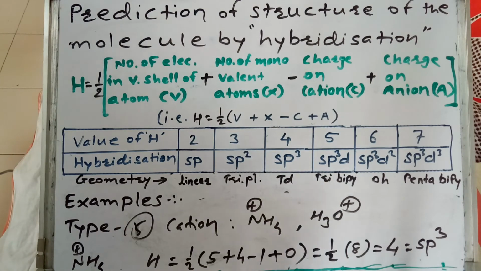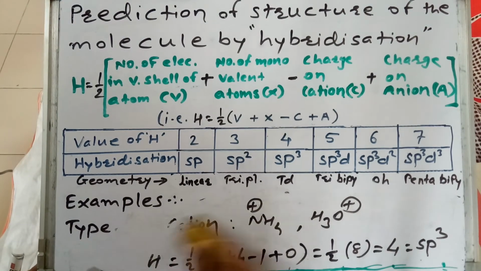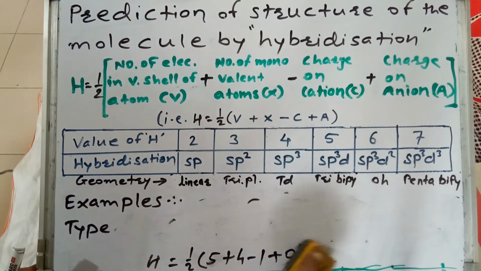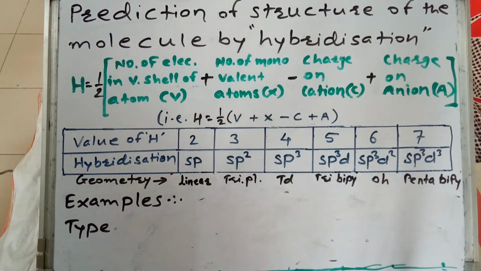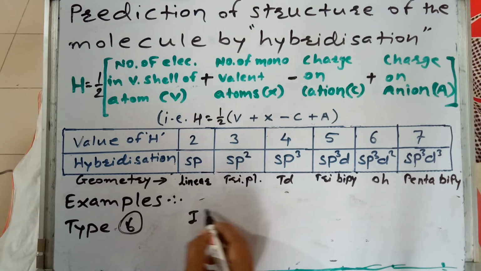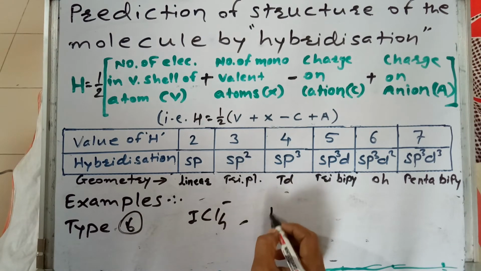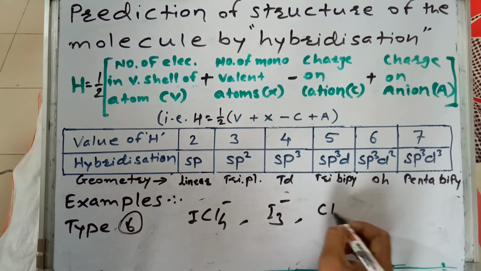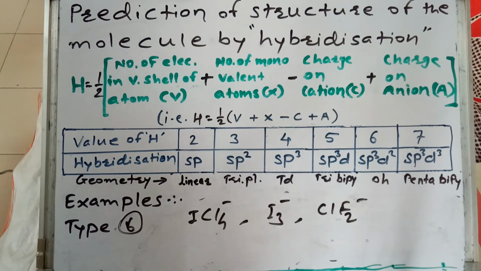One more example we'll see, the hybridization in complex ions, that is the 6th type. Type number 6 is for complex ions. Examples are ICl4 minus, I3 minus, and ClF2 minus. We'll find out the hybridization of this iodine in ICl4 minus.